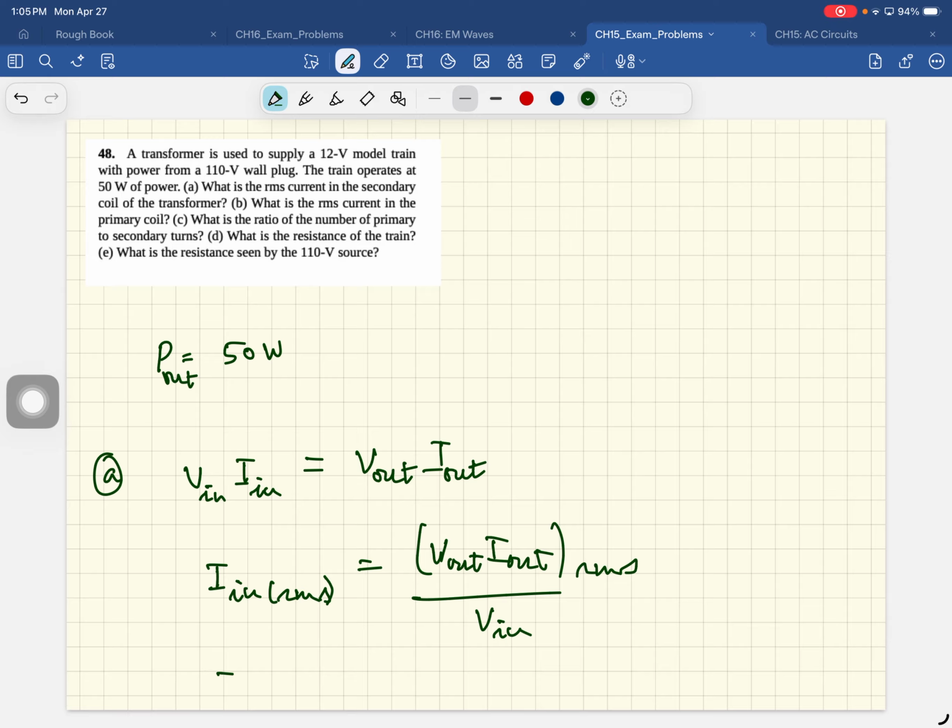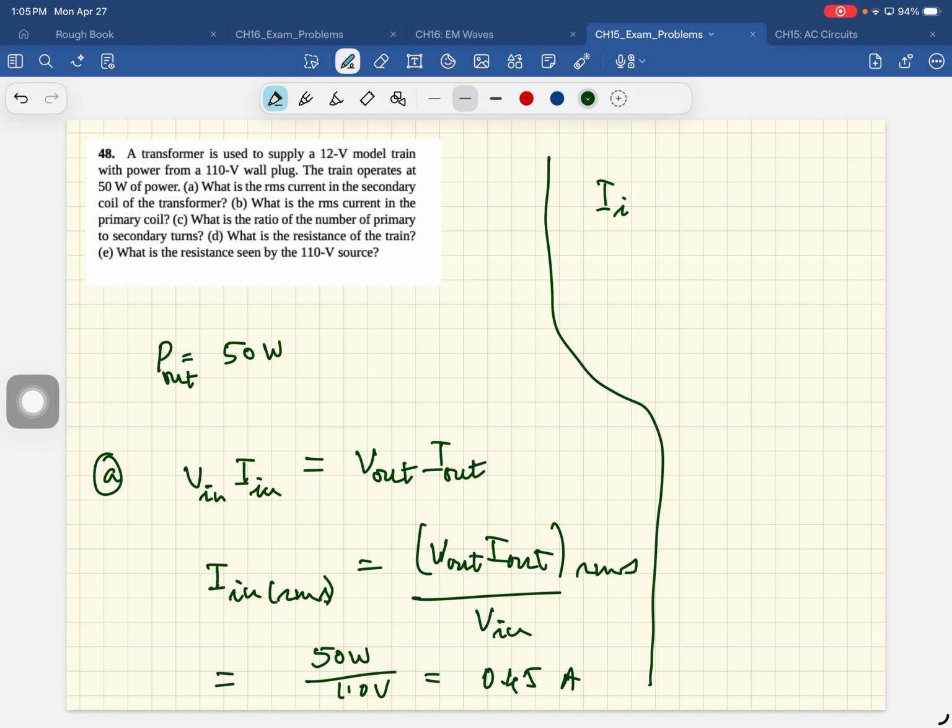Okay, and so this works out to 50 watts divided by 110 volts, 0.45 amps. So the input RMS current is 0.45 amps.